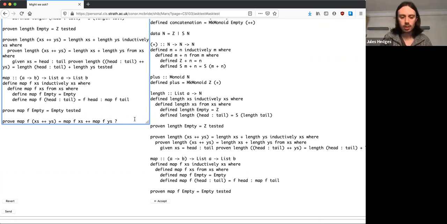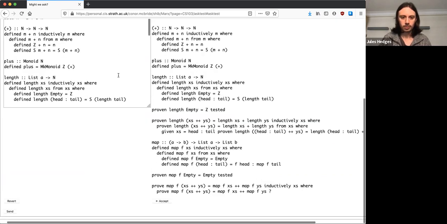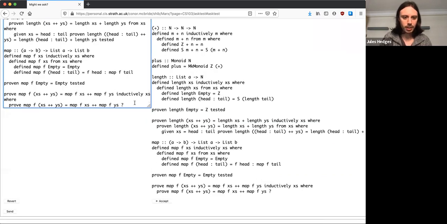Shall I try to prove this? Actually, I'm not sure how hard this will be. I haven't written this in the script.